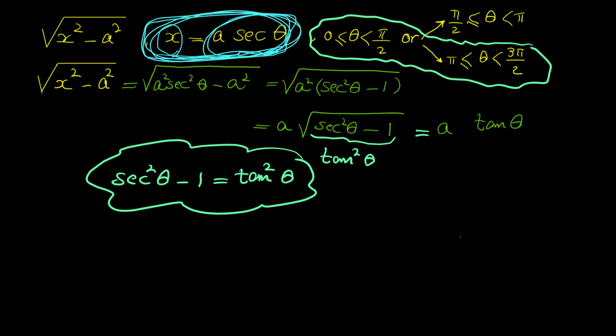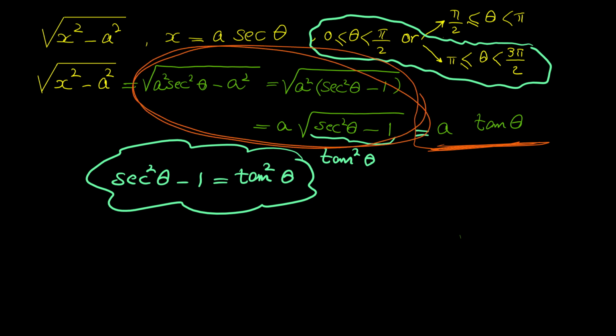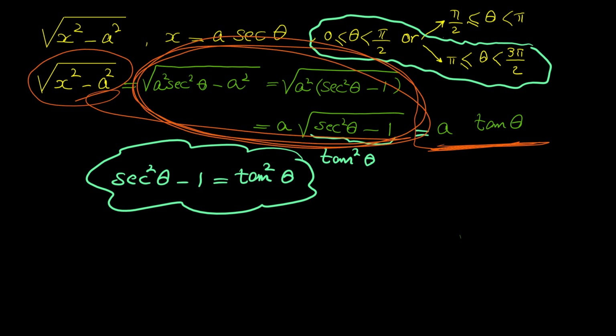By this substitution, all of this radical is equal to a tangent theta. You can keep this in your head and you don't need to do all of these calculations for every single question. Radical x to the 2 minus a to the 2 is always a tangent theta.